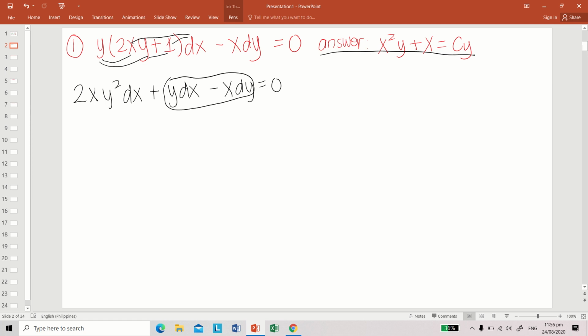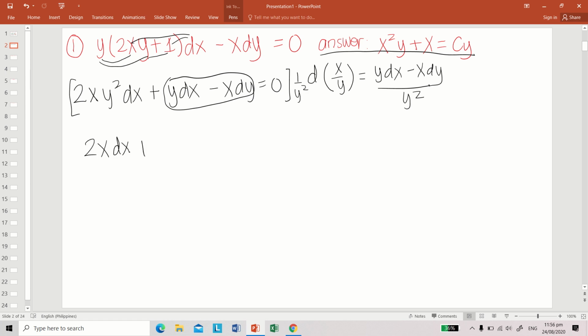So if we know that the differential of x over y is equal to y dx minus x dy all over y squared, then if I divide both sides of the equation by y squared, we will have 2x dx plus quantity y dx minus x dy all over y squared is equal to 0.